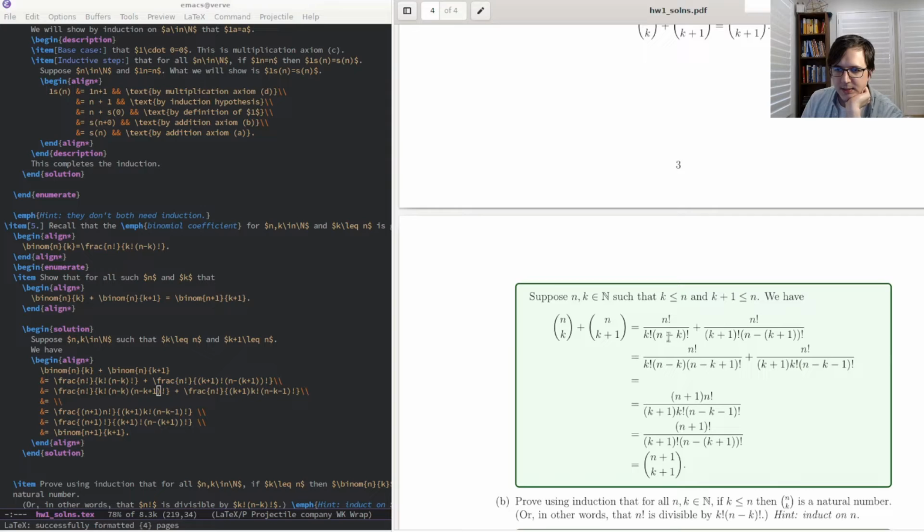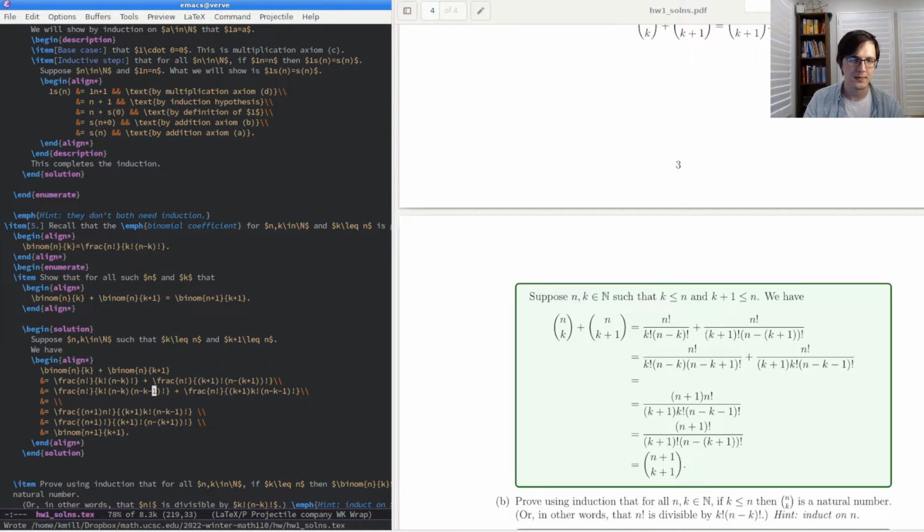So we've agreed that n is at least as large as k plus 1. So we can subtract an additional 1. Oops, that's a minus 1. Okay.